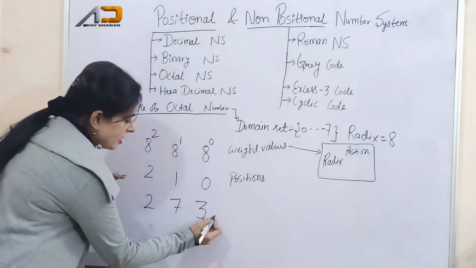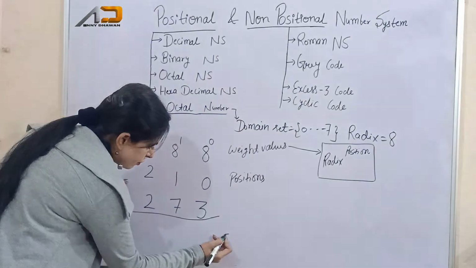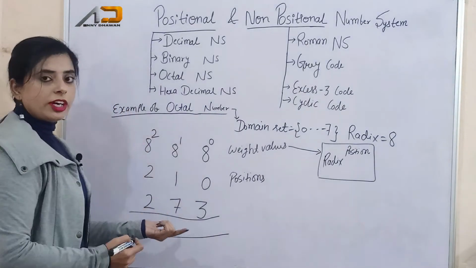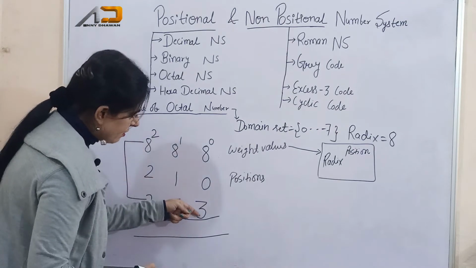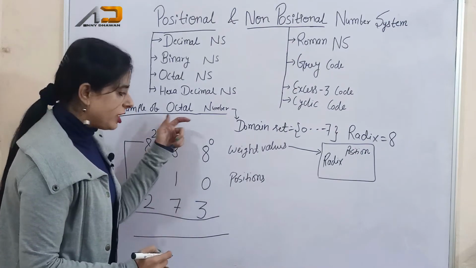And now find the value of each of the places. And how can you find the value of each of the places? Multiply the digit itself by its corresponding weight value.